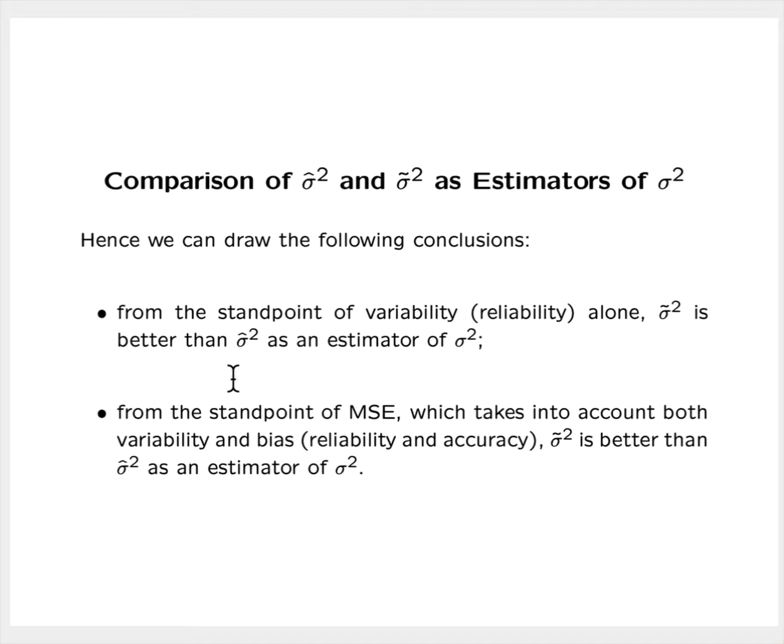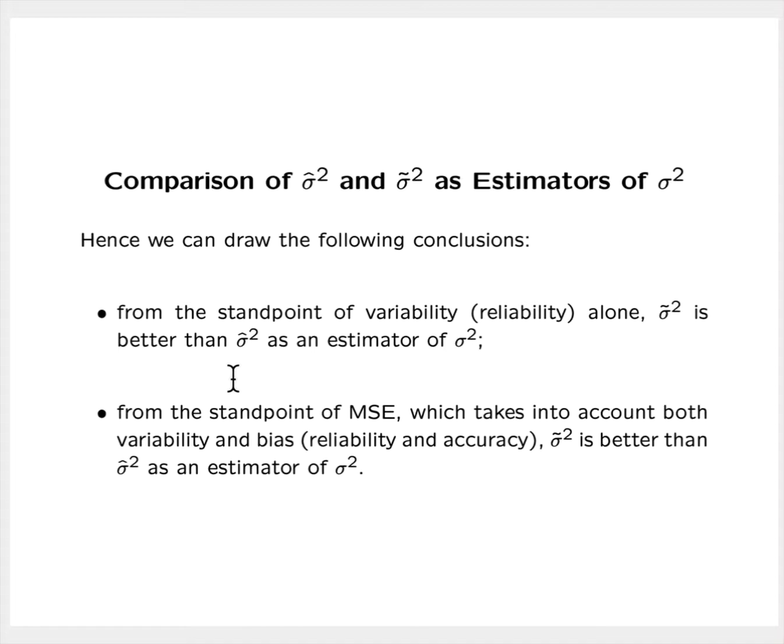In addition, you might say, well, okay, when we think about reliability, we're not taking into account the accuracy. We're not taking into account the bias of the estimator. Well, okay, that's a good point. Let's take into account both the reliability and the accuracy, both the variability of the estimator as well as the magnitude of its bias. And we do that by looking at the MSE.